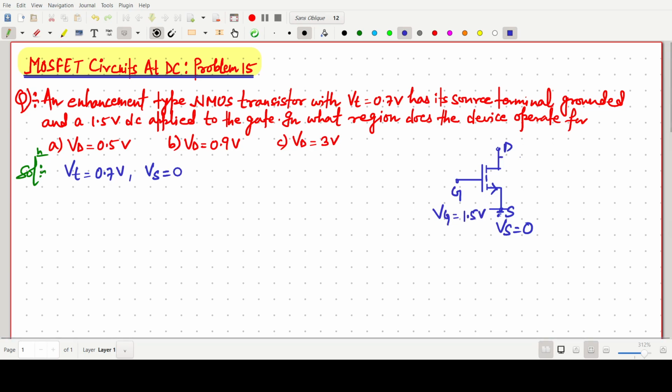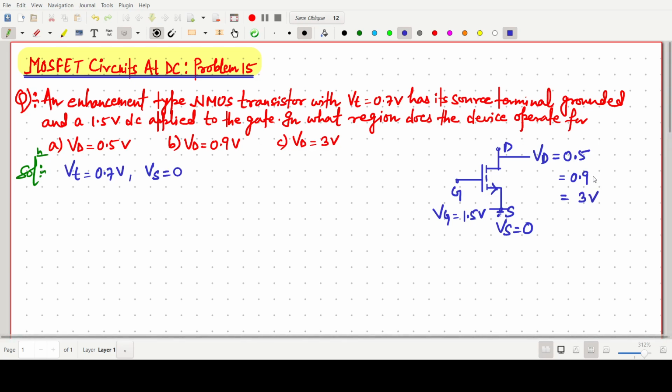And this Vd is given 0.5 volt for the first one, 0.9 volt for another one, and 3 volt. Three cases are there. For VD 0.5 volt we have to find in which region it will operate. So this one is the question.